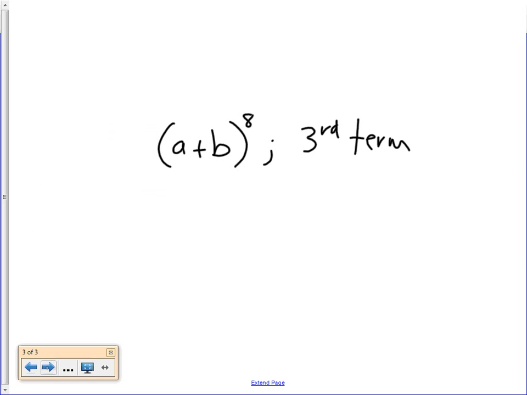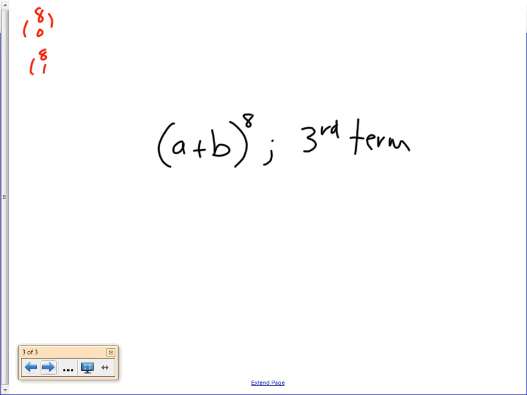So now, what becomes of all that is this. If I want to find the third term of a plus b to the 8th, remember, it's always one less than the number of terms because I'll have a to the 0. The first term is 8, 0.